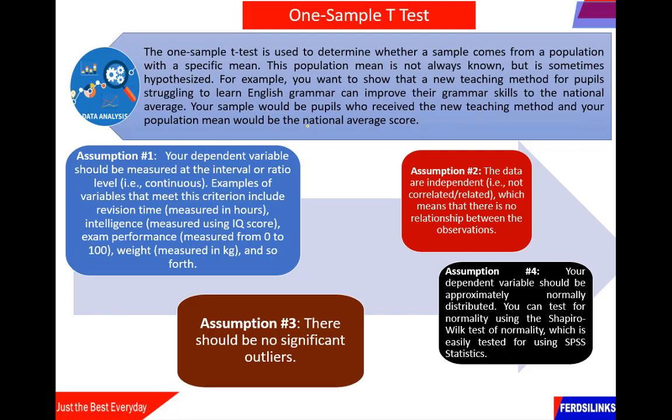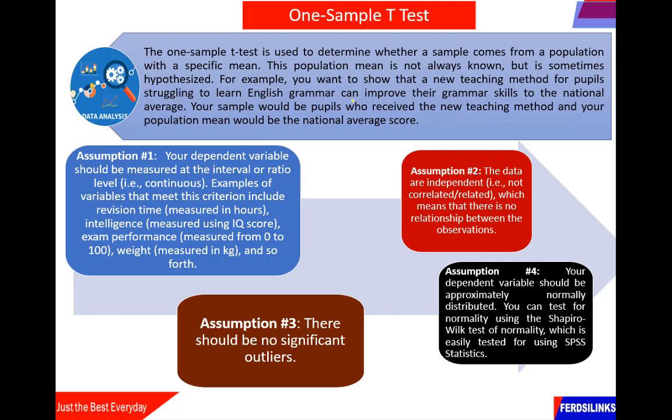As mentioned earlier, the one sample t-test is used when the researcher simply wants to determine if there exists a statistical difference between the sample data set and a hypothetical or known population mean.